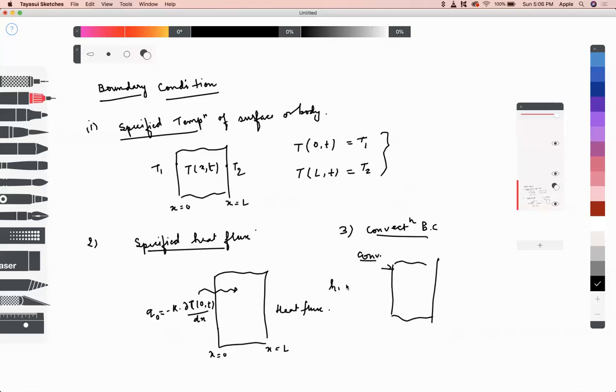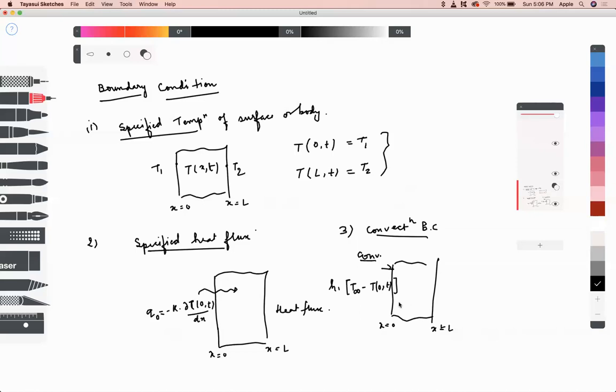This will be h1 and this is the ambient temperature T infinity minus temperature on this wall, T at location 0 at time t.